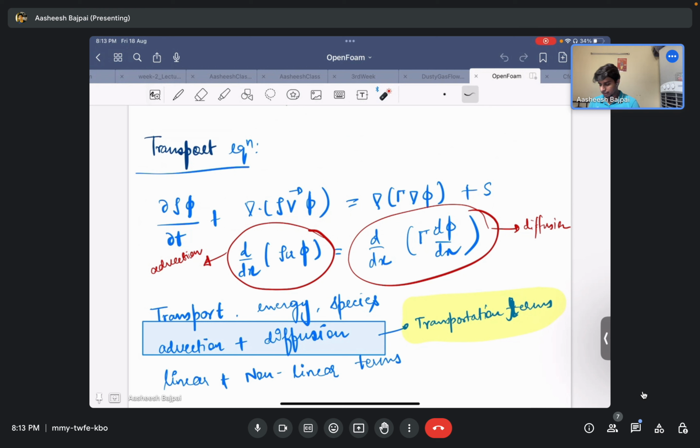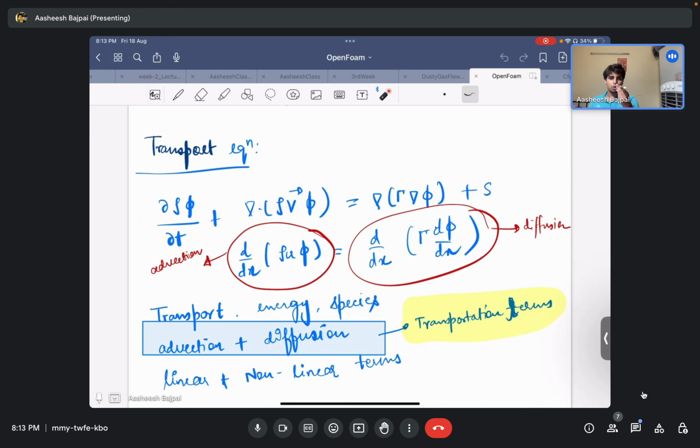Advection is the term used when something is taking something away. Let me share an example.